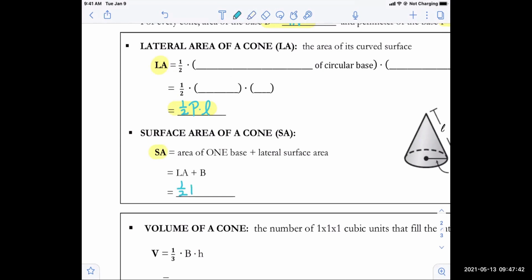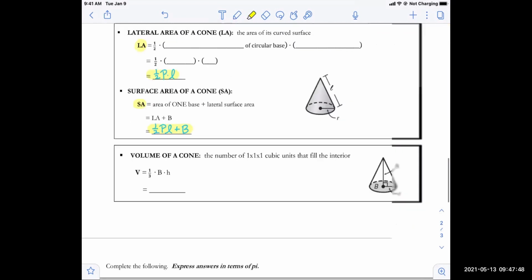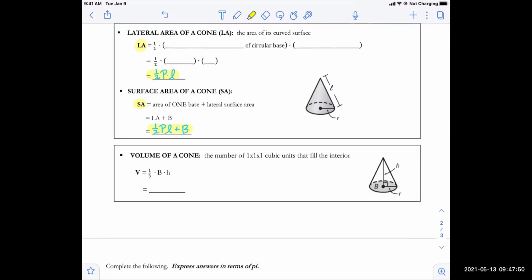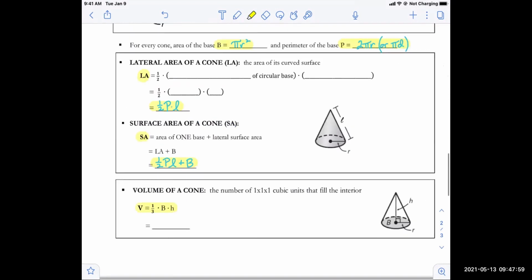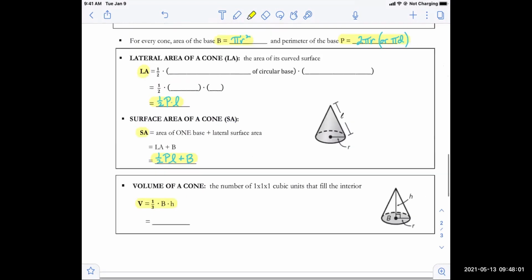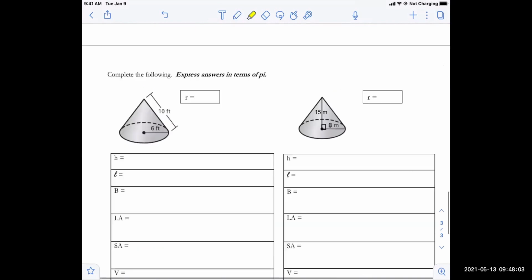It's 1/2 perimeter times slant height plus 1 base. We're going to treat this just like a pyramid, except that you'll be plugging in the pi r squared and the 2 pi r. And then volume for a cone will be 1/3 area of the base times the height. Okay, we're just going to use the same formulas. We'll just calculate using circles now.